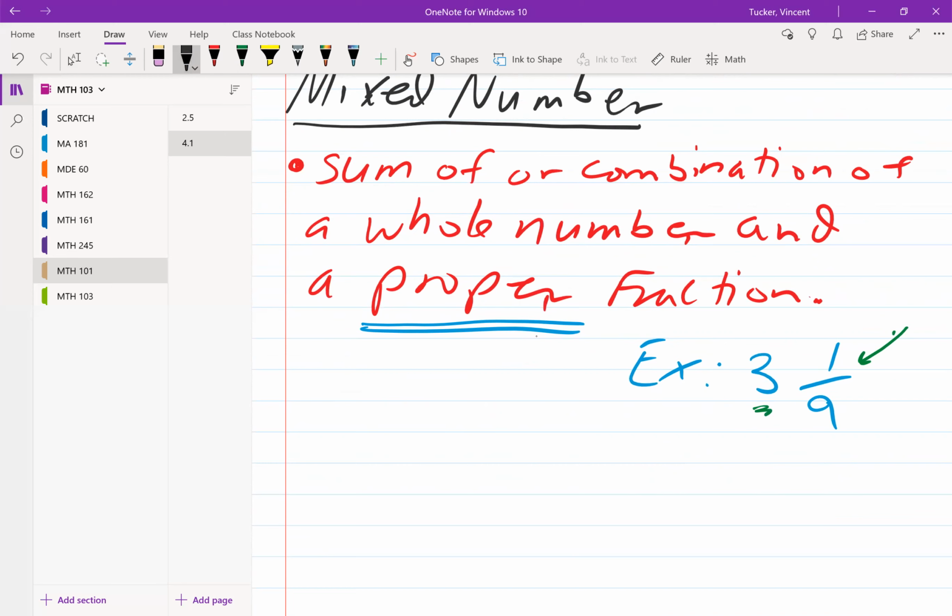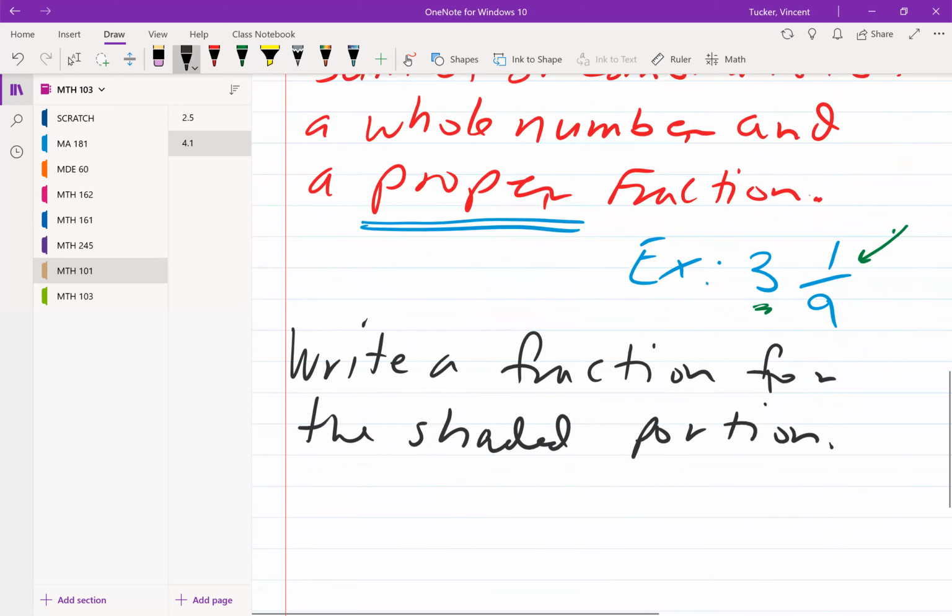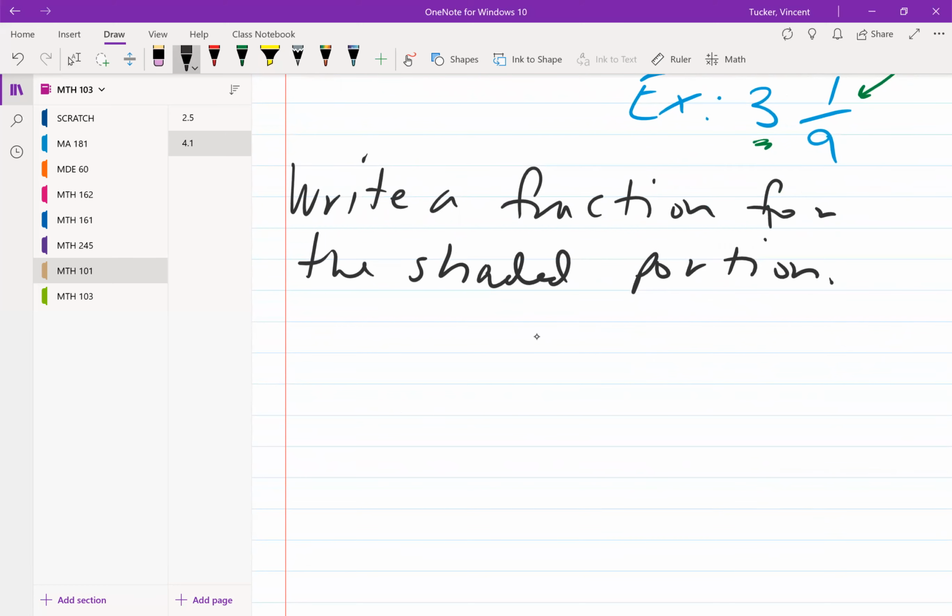One of the first examples in this section. Write a fraction for the shaded portion. Another F looks jacked up, but we'll be all right.